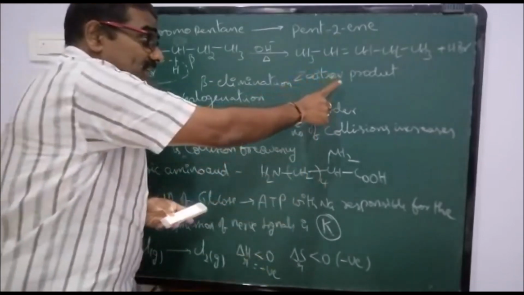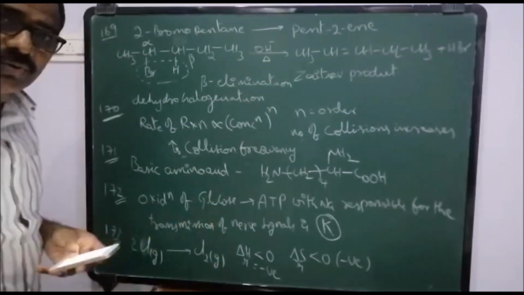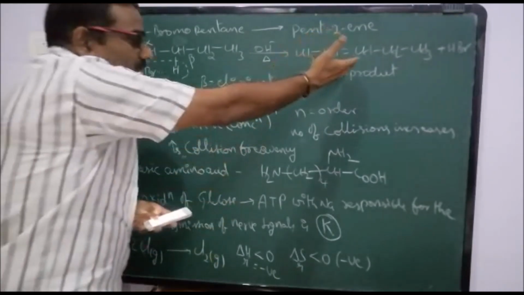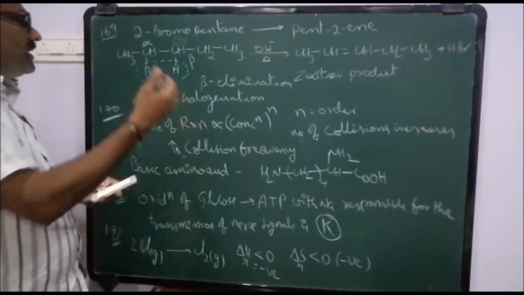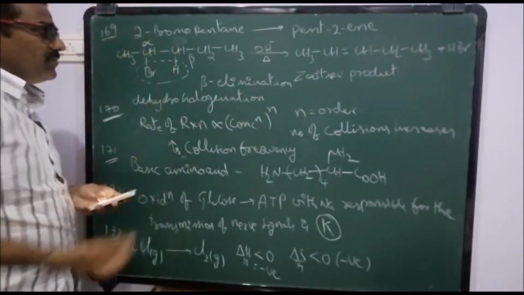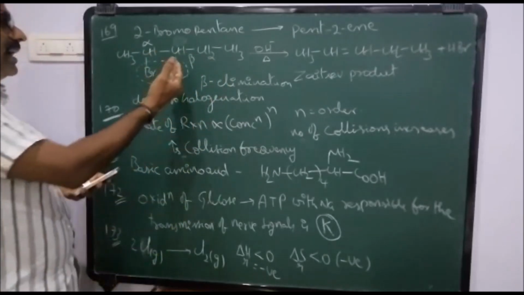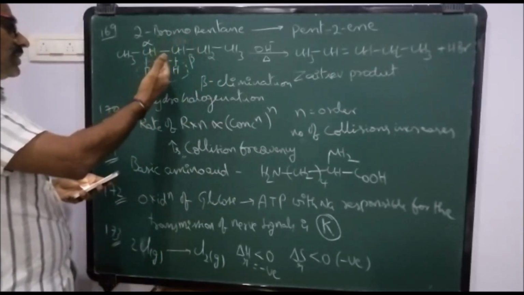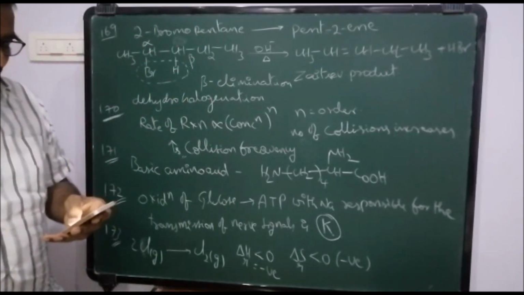That is nothing but the Zaitsev product. Zaitsev product is nothing but the more substituted alkene. So here the more substituted alkene is formed as the major product, that is the Zaitsev product. As here the hydrogen is eliminated from the beta carbon preferably, it is said to be beta elimination. And here halogen and hydrogen are both eliminated, so the process is said to be dehydrohalogenation.